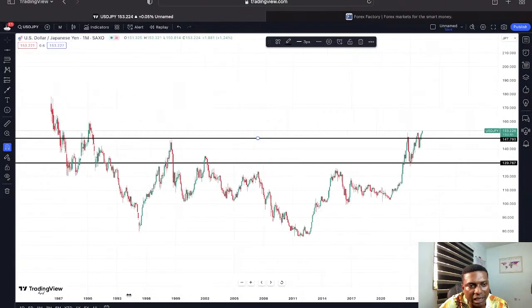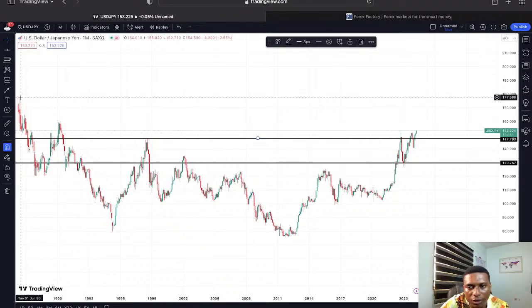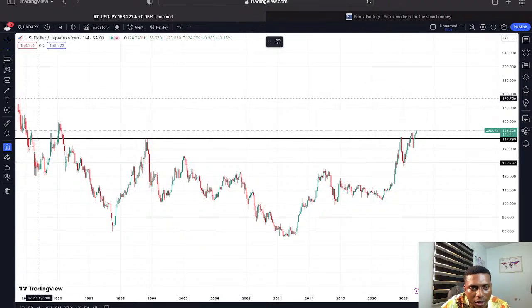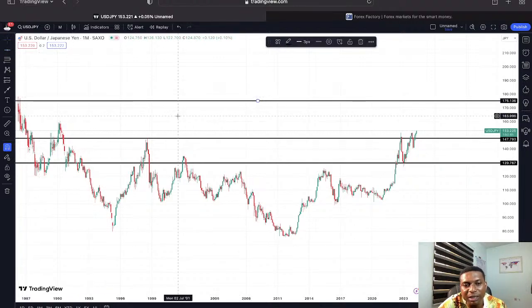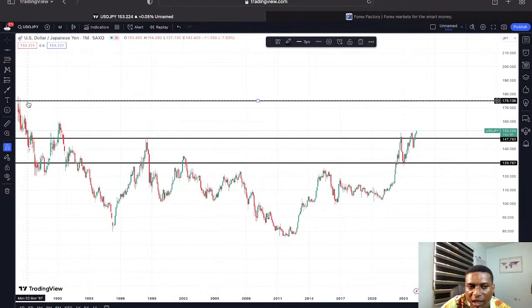Now look at the price level of USD JPY. The only time USD JPY had gone to this value against the dollar was in 1986, the first and the last time we ever saw it at this level.